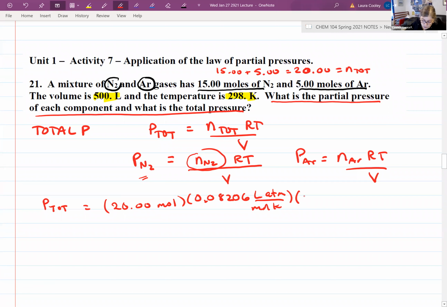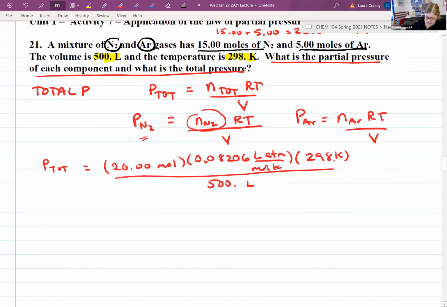T is 298. And the volume is 500 liters. It's a lot of volume there. So this comes out to almost one atmosphere, 0.978 atmospheres. And I could calculate PN2 and PAR the same way.